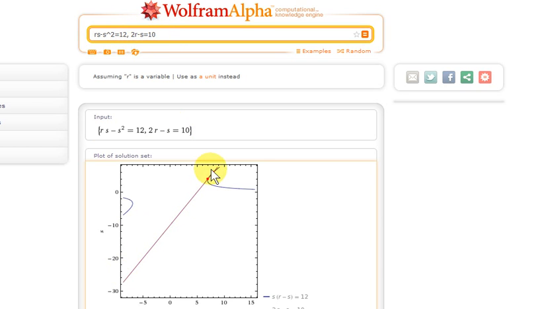Here's the line 2r minus s equals 10, and the blue curve is rs minus s squared equals 12. So you can see it crossing at 2 points. Actually, the curve comes in 2 sections, but only one section crosses the line. This point here actually has coordinates 7, 4, and this point up here has coordinates 8, 6.